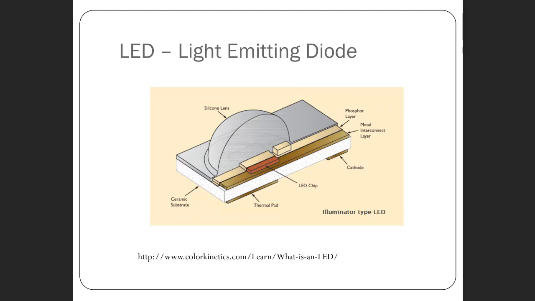We have a piece of silicon or some solid state material that's going to glow when we pass a current through it. And then we have to put a lens on it and put a backing on it, and we have to have some way of dissipating the heat that little device produces.